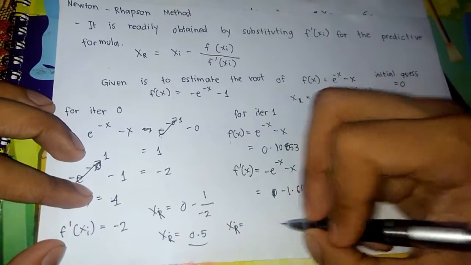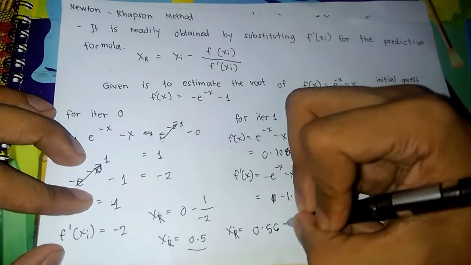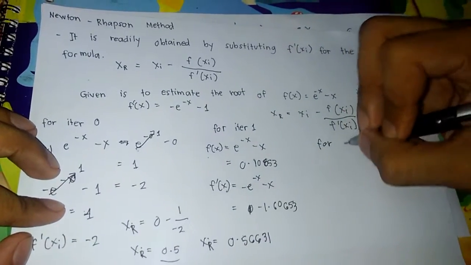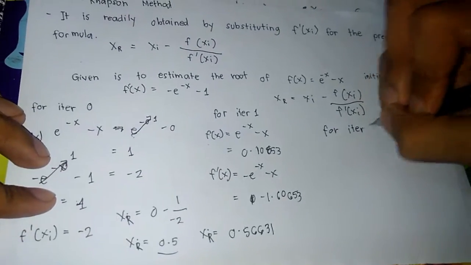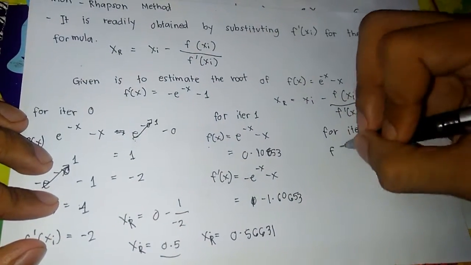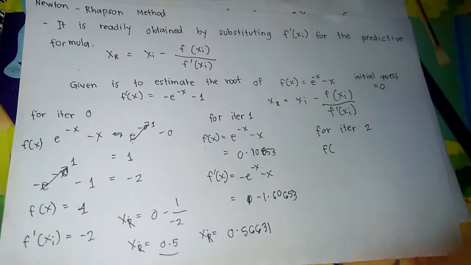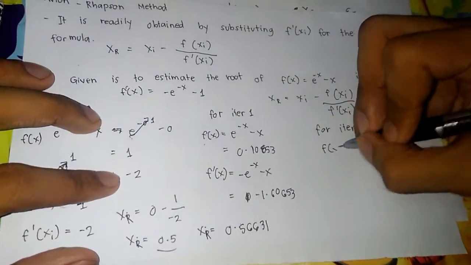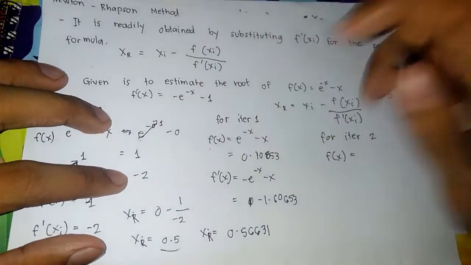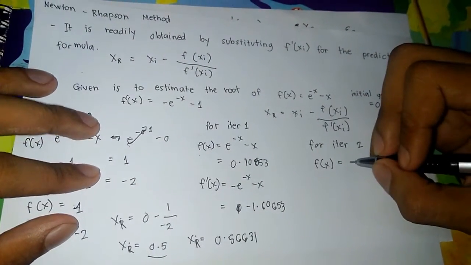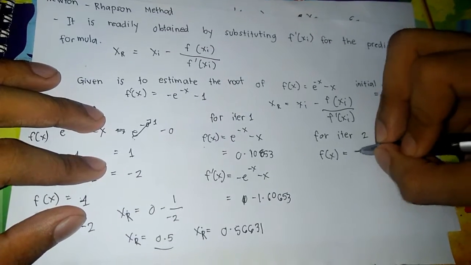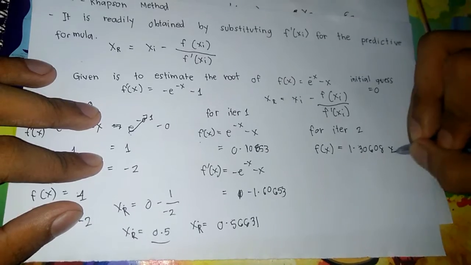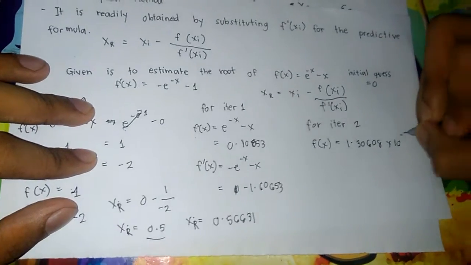And for the last iteration, iteration 2, f of x, you again substitute the 0.5663 and it has an equivalent value of 1.30608 times 10 raised to negative 3.